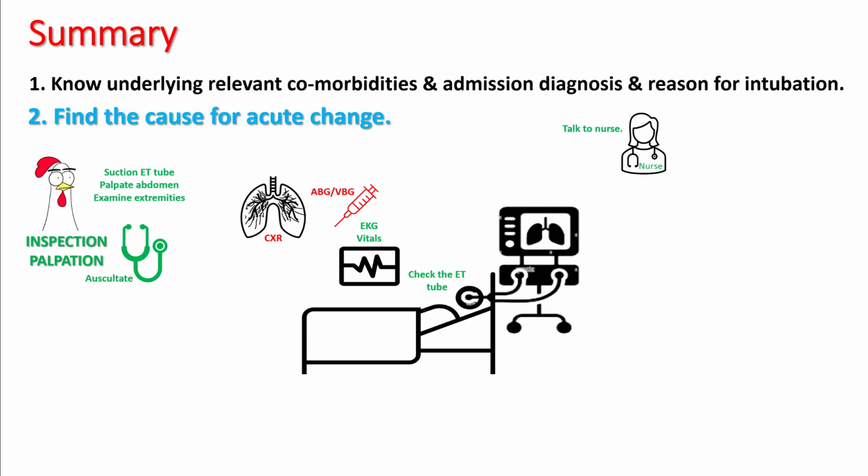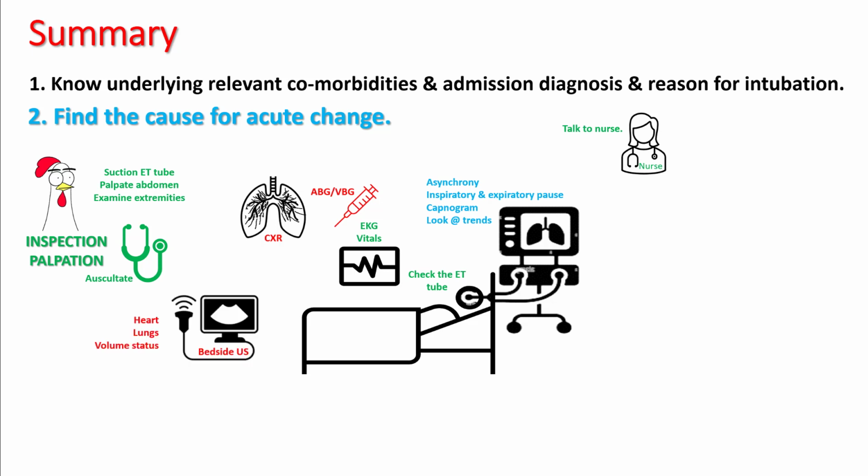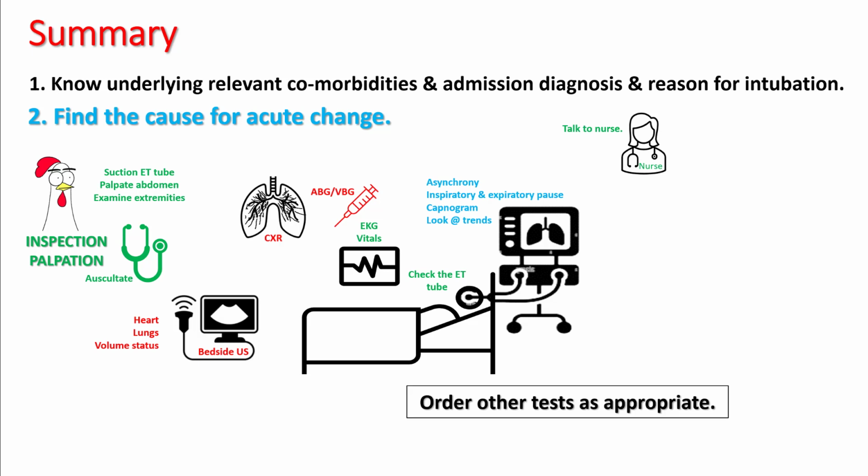Perform a chest x-ray that will help you in your differentials. Examine the waveform on the ventilator, perform an inspiratory and expiratory pause, and look at the capnograms. Know how to use bedside ultrasound to rule out acutely decompensating diseases like pneumothorax, pulmonary edema, cardiac tamponade, etc. And order other tests as appropriate.